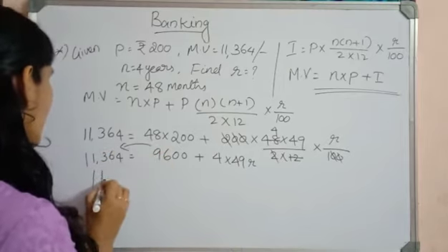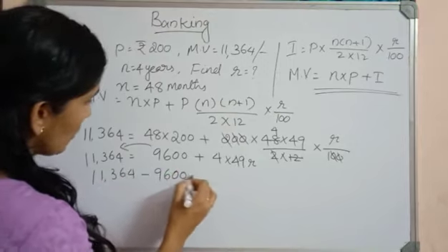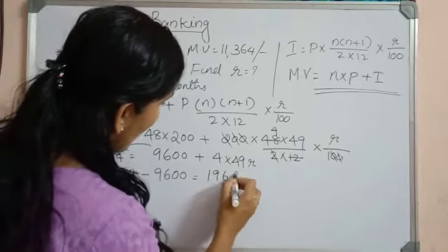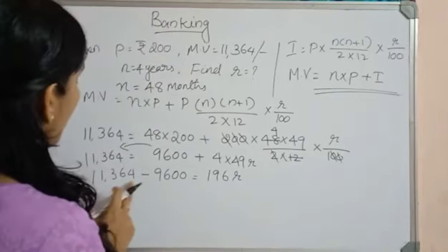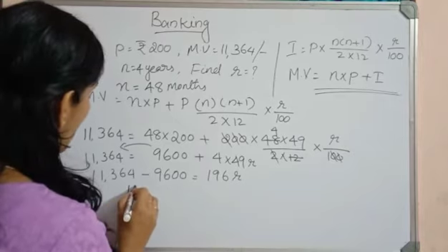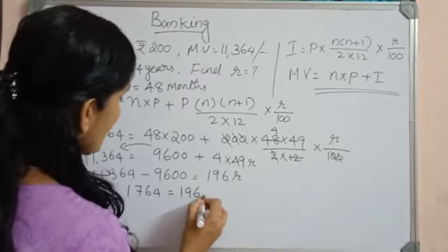You will get 11,364 minus 9,600 is equal to 49 into 4, that is 196 r. Now 11,364 minus 9,600 is 1,764, equal to 196 r.